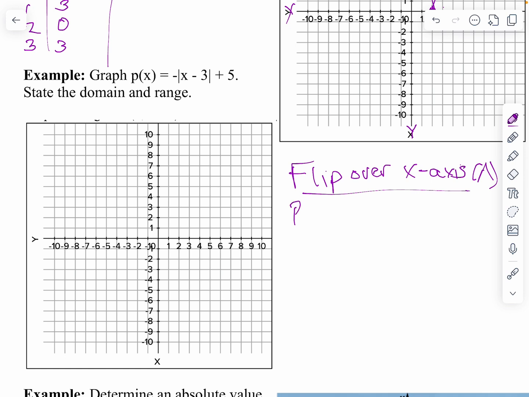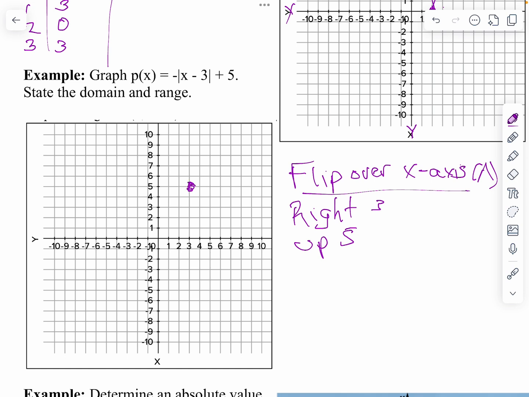It's going to be to the right 3 and up 5, because the negative 3 means we go to the right, and then we go up 5. So if I go to the right 3, up 5, there's our point.